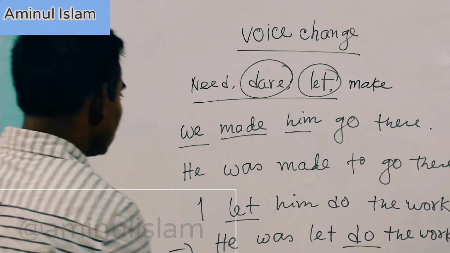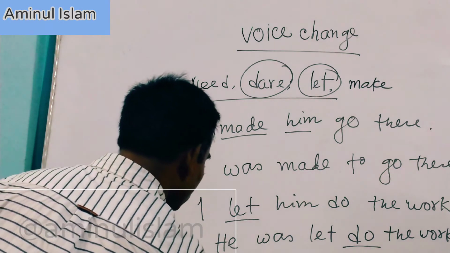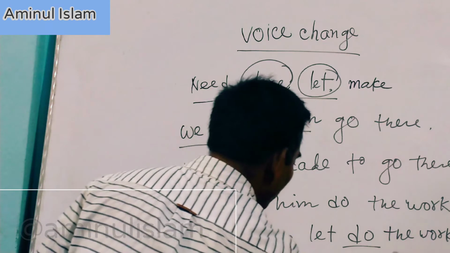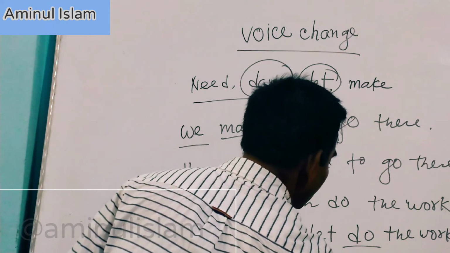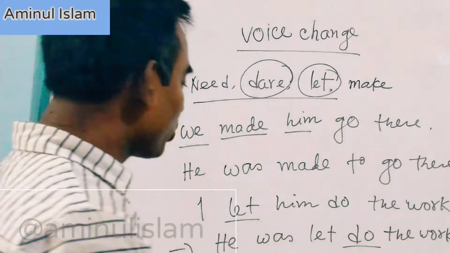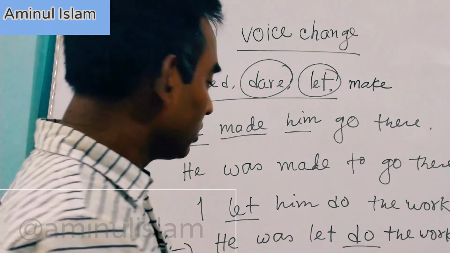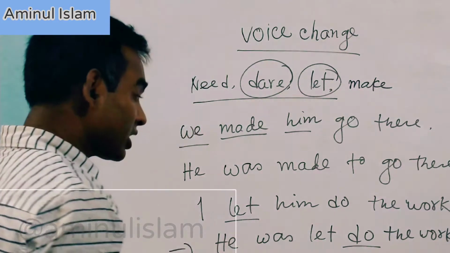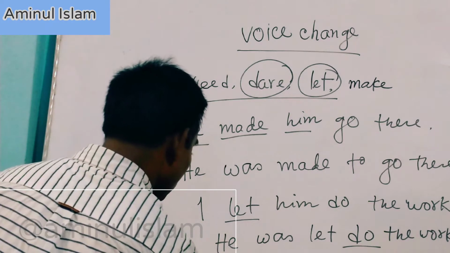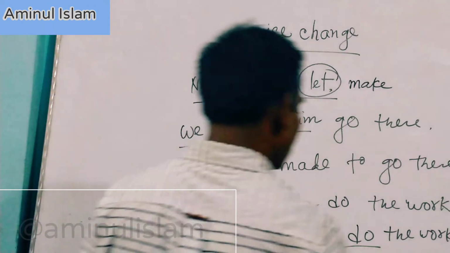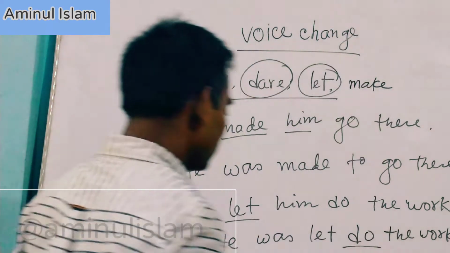Then, how dare you touch me? Usually, the students utter this sentence. How dare you touch me? Which one is the object? Me.